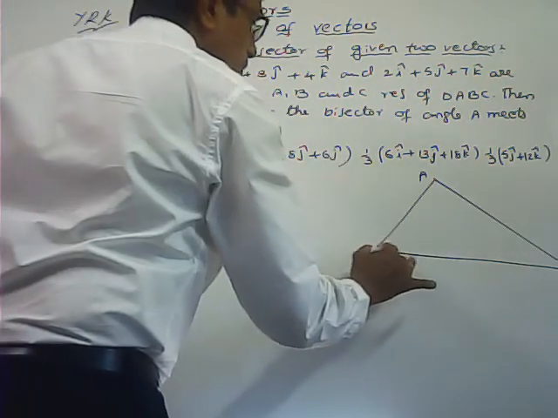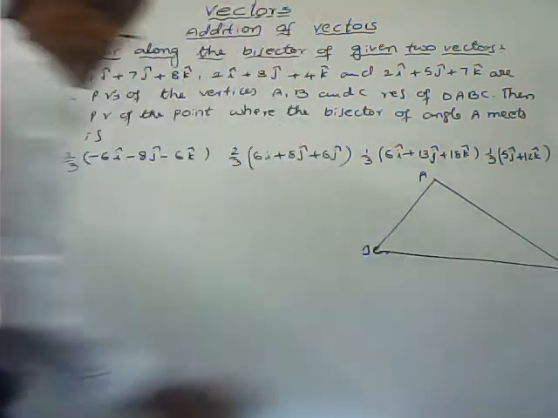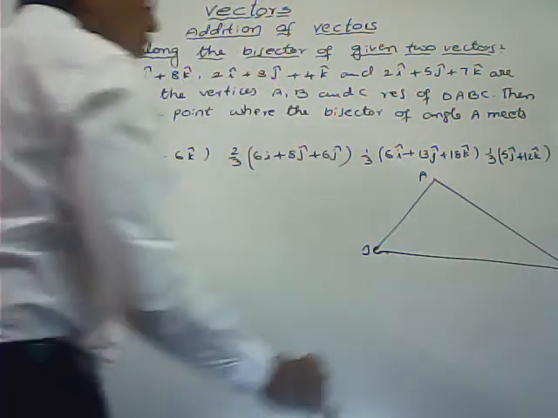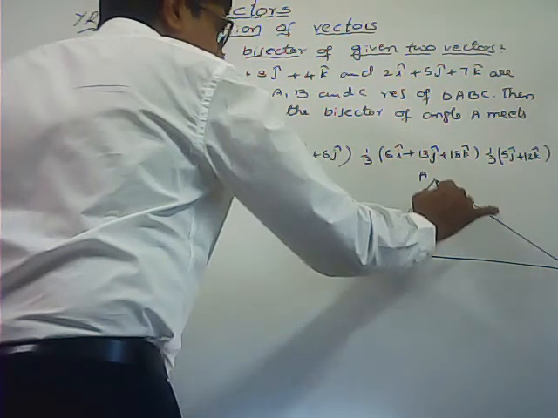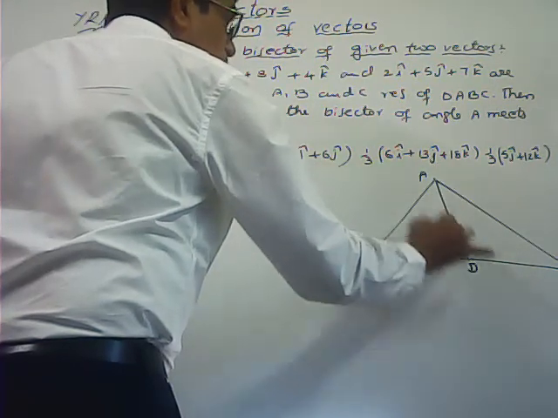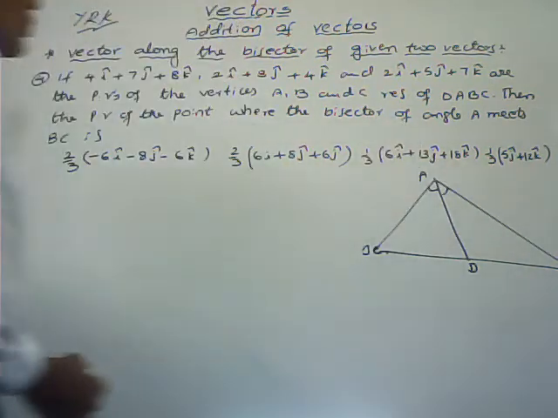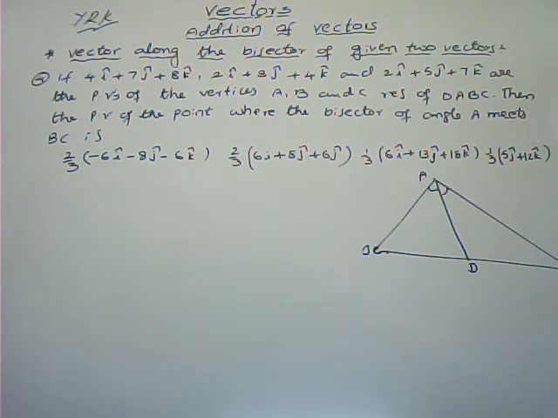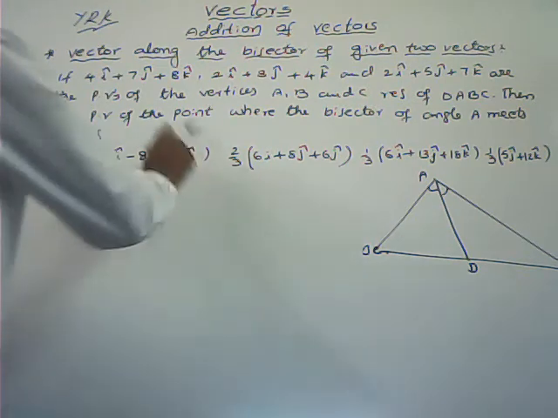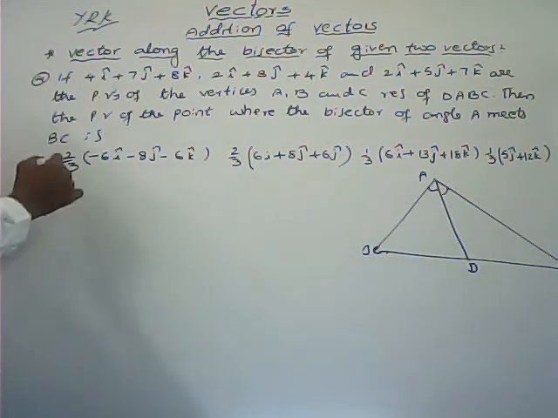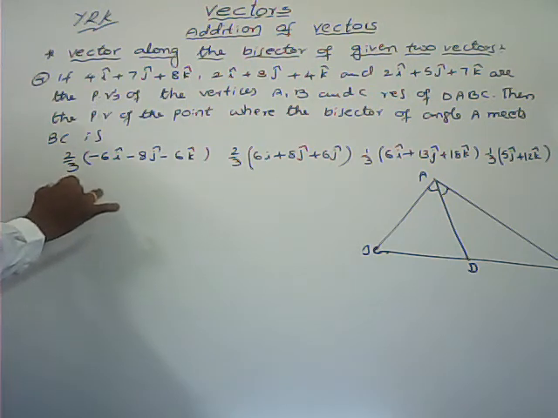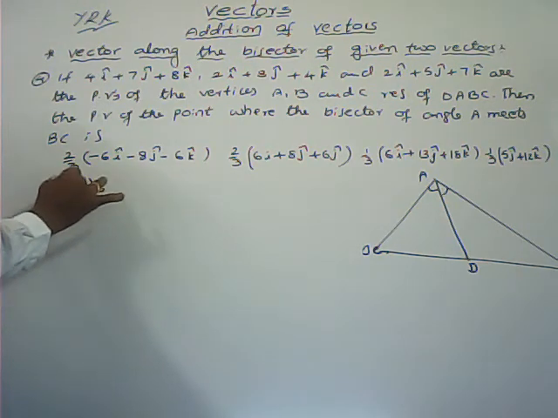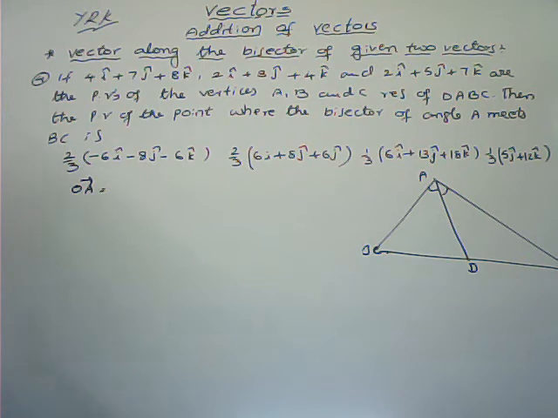Now, this is the bisector. It divides the angle into two equal parts. AD is the bisector of angle A. Here, what they given here? OA bar. Here I will give the hint, remaining part you can complete.